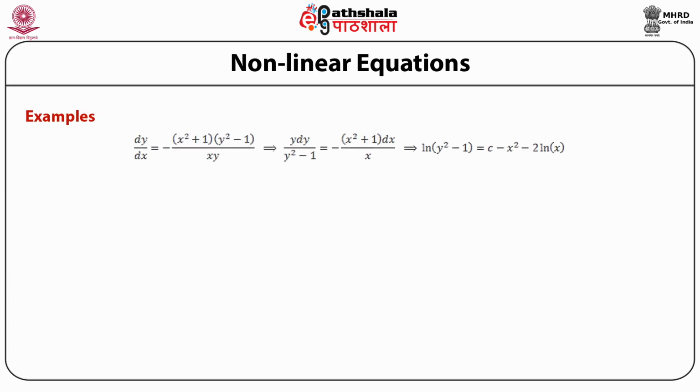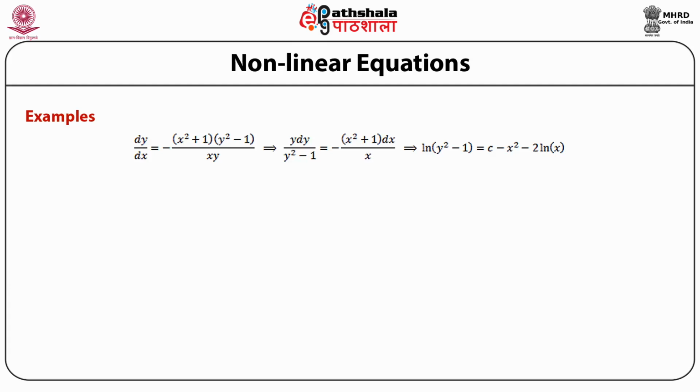First is dy/dx is equal to minus (x square plus 1) into (y square minus 1) divided by the product of x and y. So the equation may be rearranged as y times dy/(y square minus 1) is equal to minus (x square plus 1)/x dx.